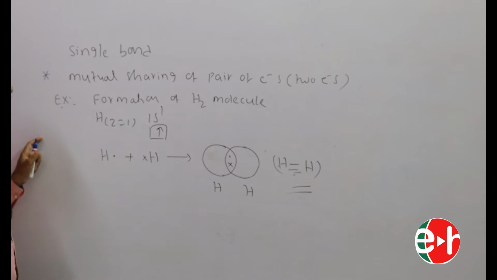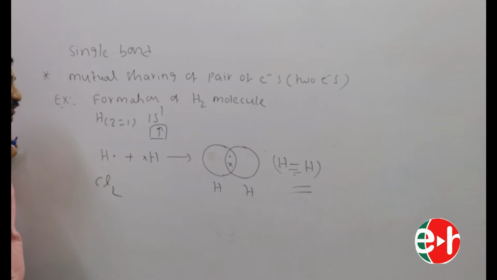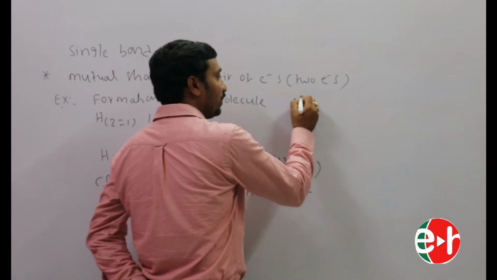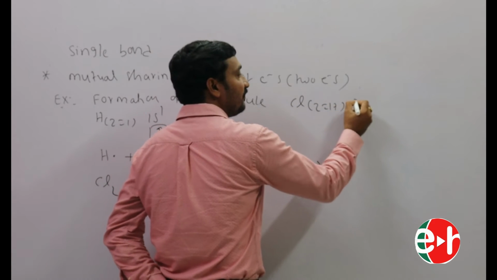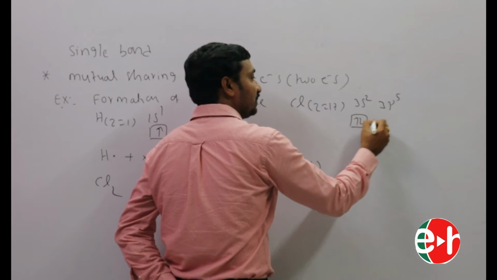Some more examples of the formation of single bond. Example, Cl2 molecule. We know chlorine atomic number Z equals 17, valence shell configuration 3s2 3p5.